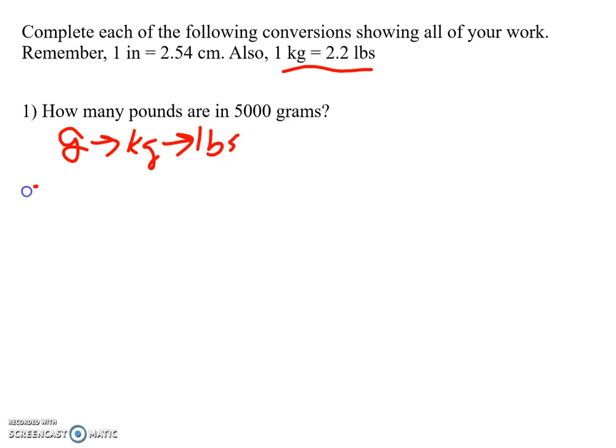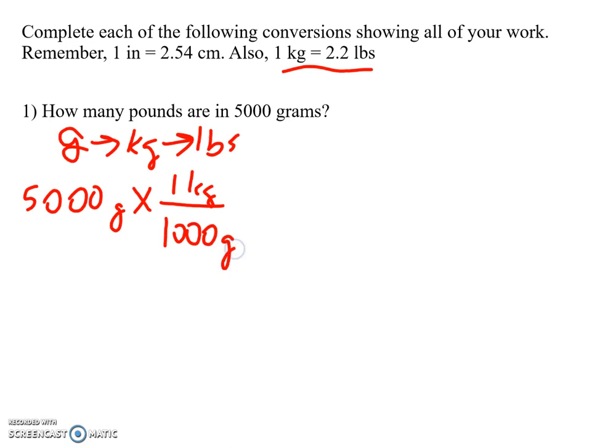So I know that 5,000 grams, well, that's 1 kilogram for every 1,000 grams, and there my grams will cancel. And then I know that I get 2 2/10 pounds for 1 kilogram, and there my kilograms will cancel.